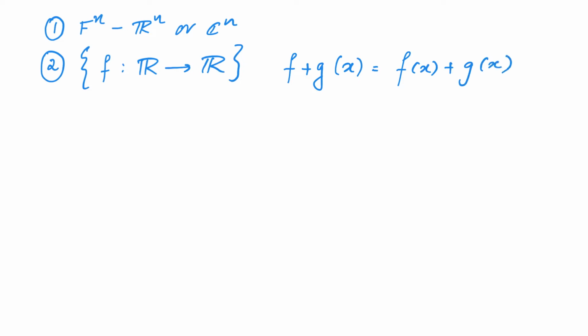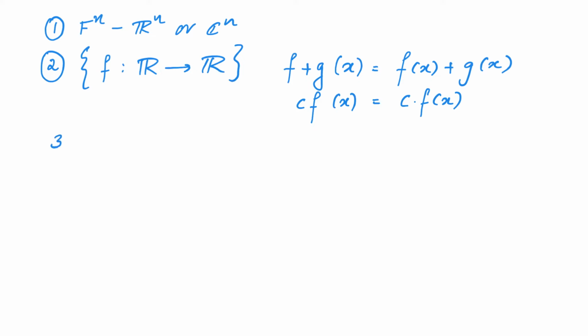Similarly, we can also multiply it with the real number c. (c times f) of x is equal to c times f of x. Verify that these two operations satisfy all the properties of a vector space and thus the set of all functions f from R to R with these two operations forms a vector space.